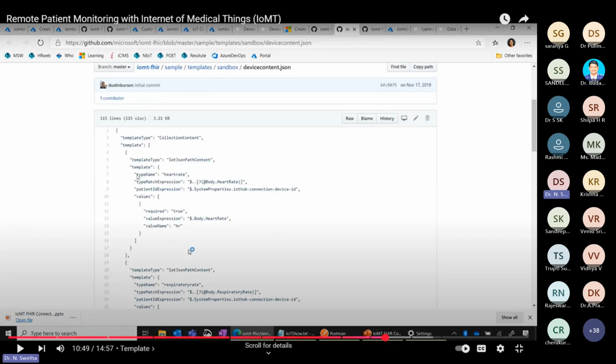See, this is the template we are creating. They are using only the heart rate here, and here only body.respiratory rate. Yeah, this was actually used.